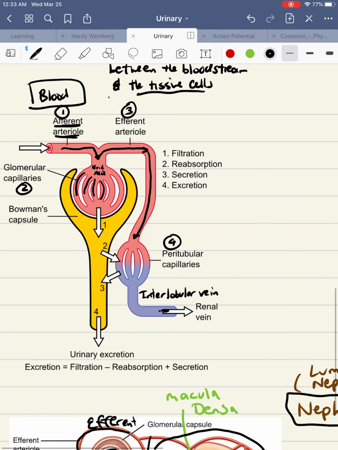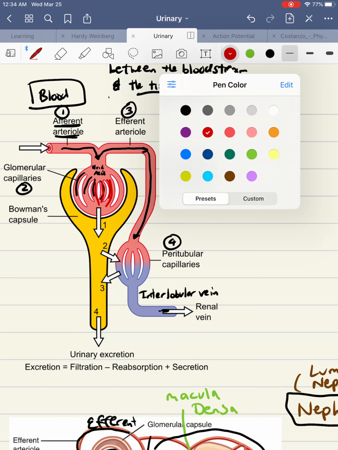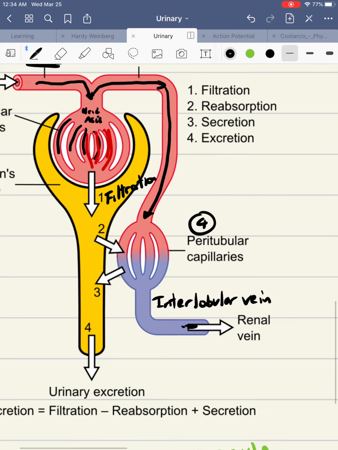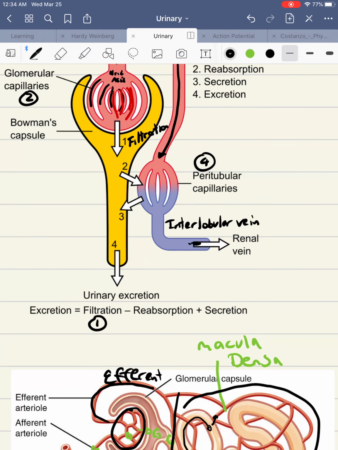If you go from the glomerular capillaries to the Bowman's capsule, you're going from the bloodstream, the glomerulus or the glomerular capillary, right over here, and you go into the nephron. We have a name for that. We actually call this filtration. Number one.